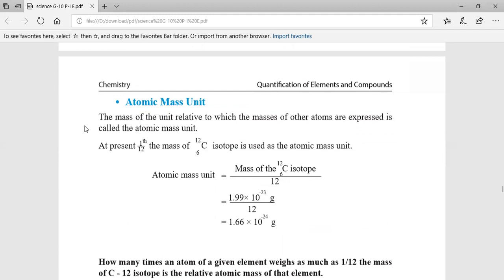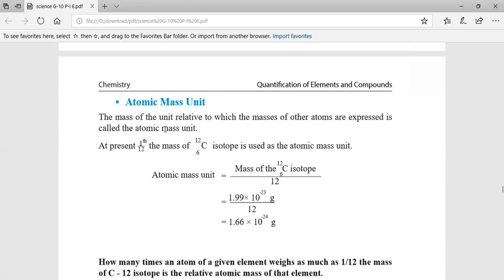Here we use a carbon isotope. Carbon has two types of isotopes, carbon-14 and carbon-12. Here we use carbon-12.